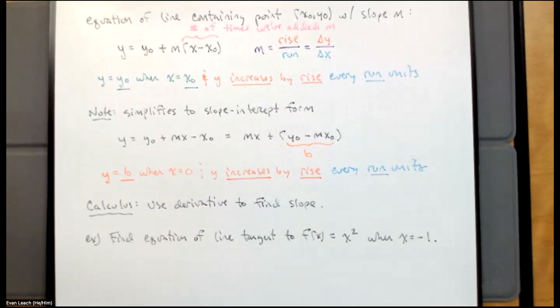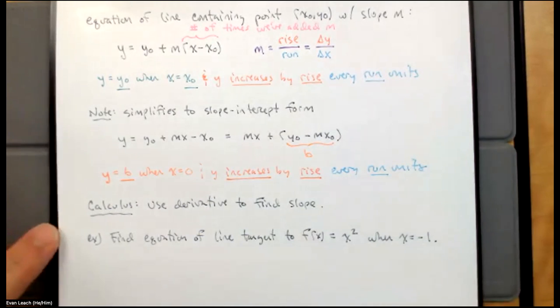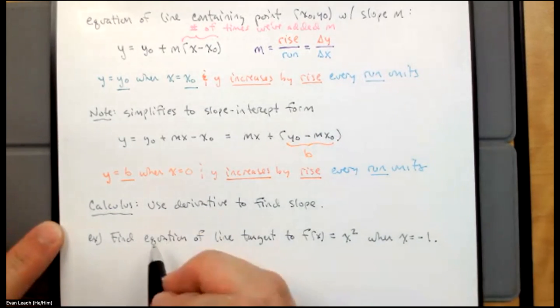And I want the equation of the line tangent to this curve when x is equal to -1. We want the equation of a line, which means we need a point and a slope.